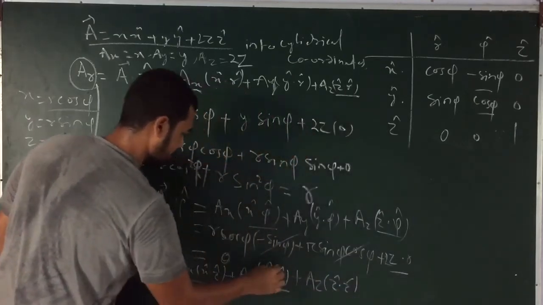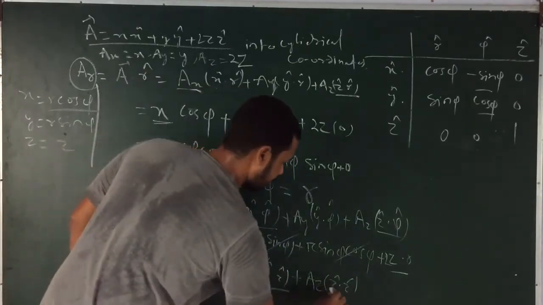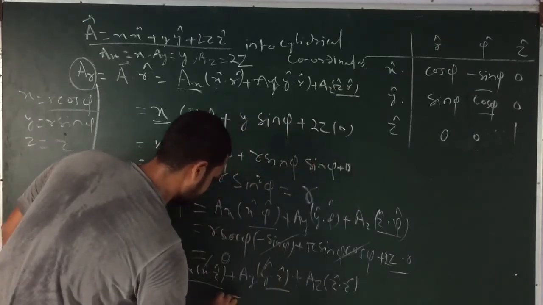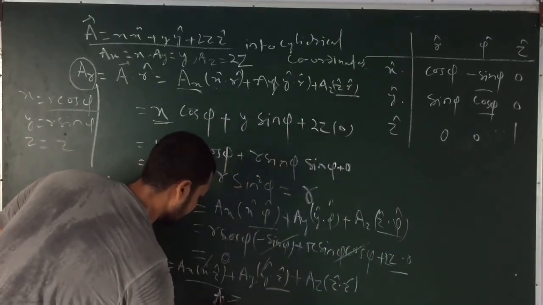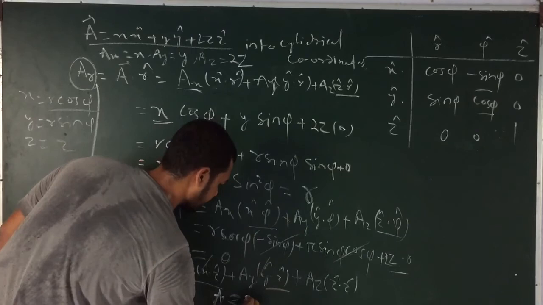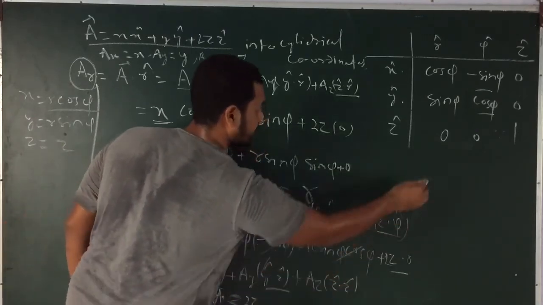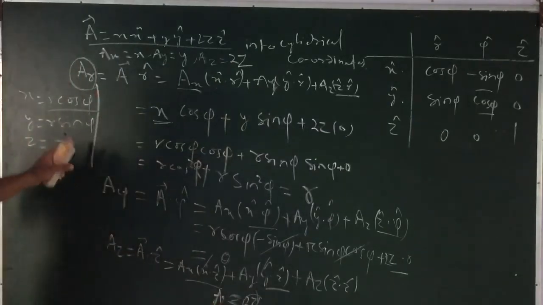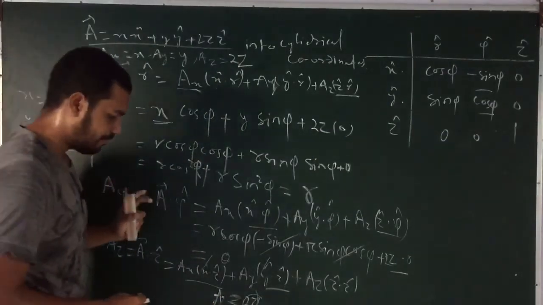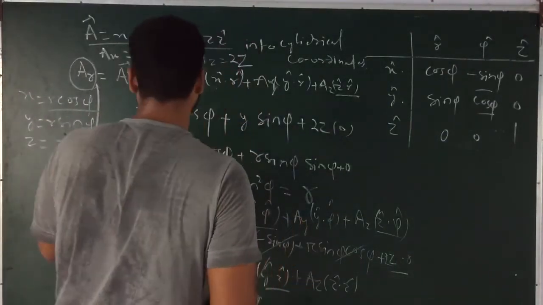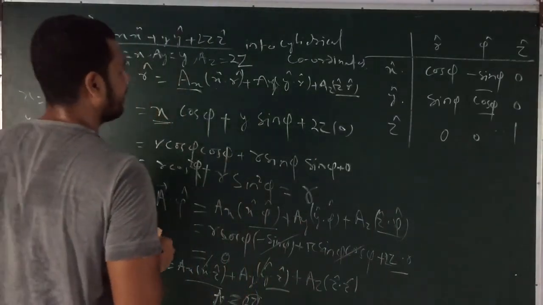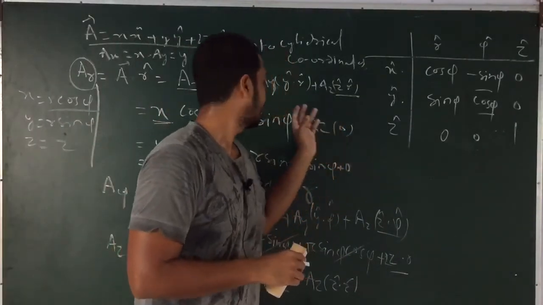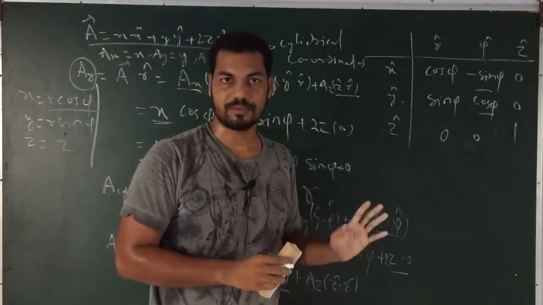From here these two terms will be 0, and you will get Az equal to 2z into z cap dot z cap, which is 1, which equals 2z. So in this format you will get AR, A phi and Az, which are the magnitudes of the vector A along r cap, phi cap and z cap direction.